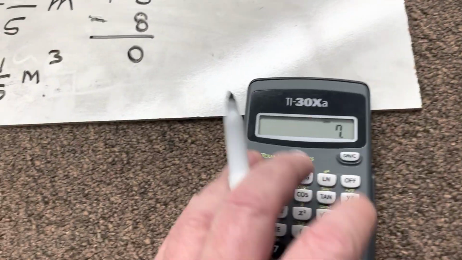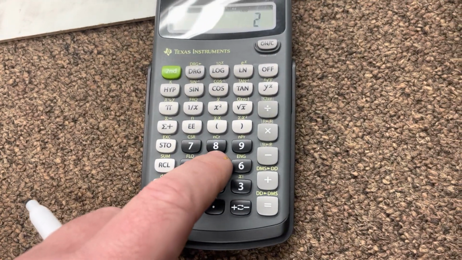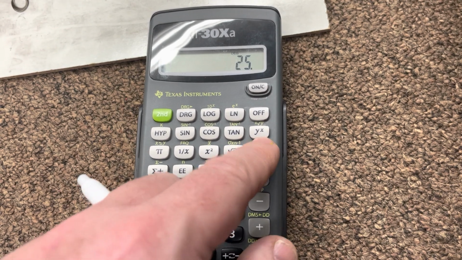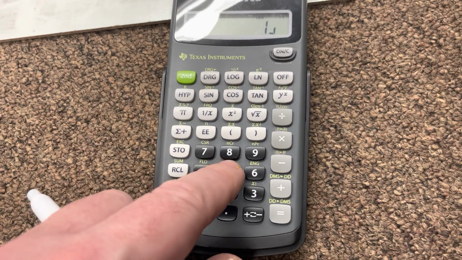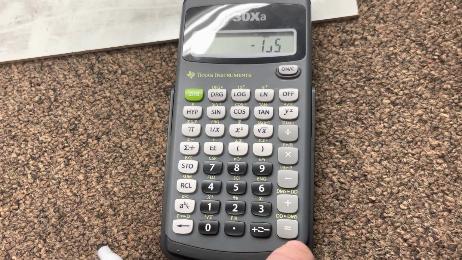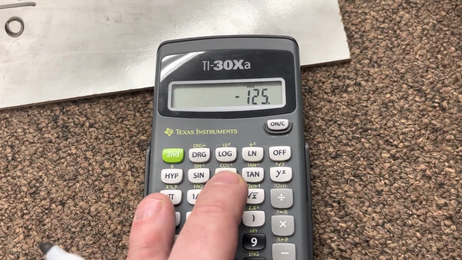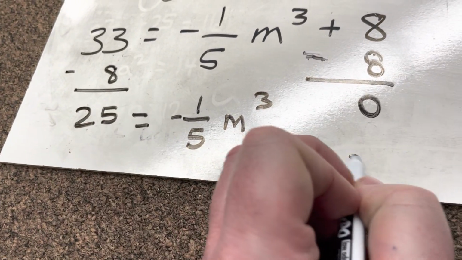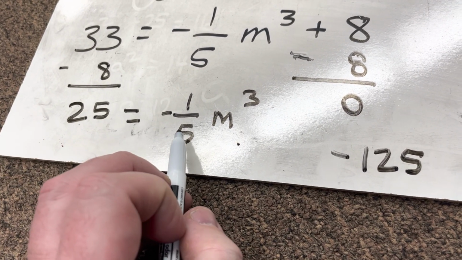So I'm going to take 25, and I'm going to divide that by, open parentheses, negative 1 over 5, close parentheses, equals negative 125, which is what I was thinking it should be.